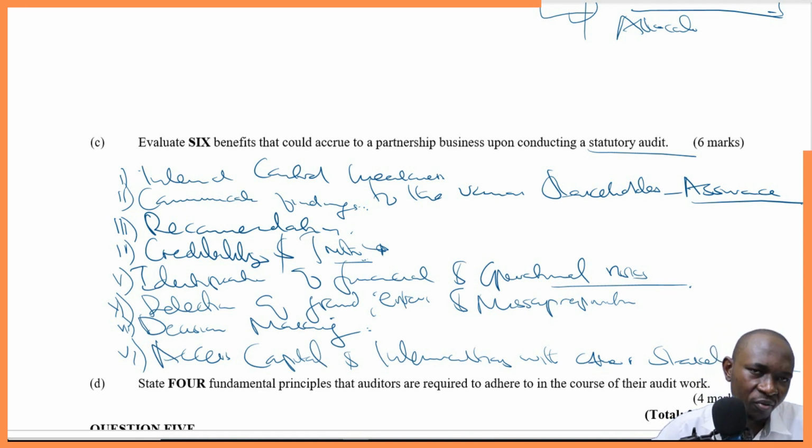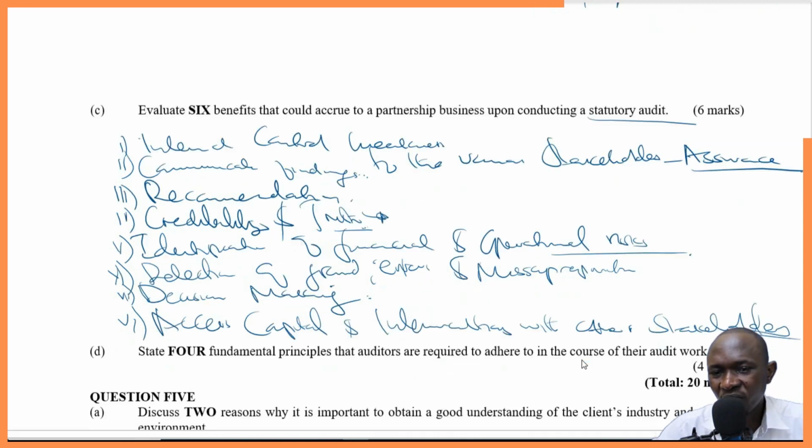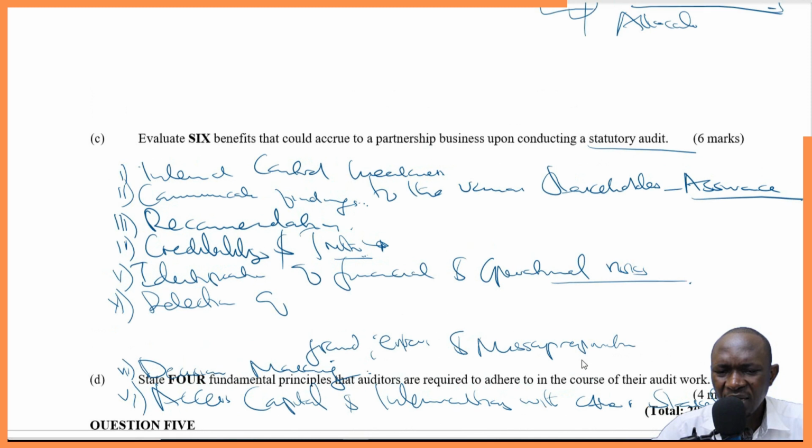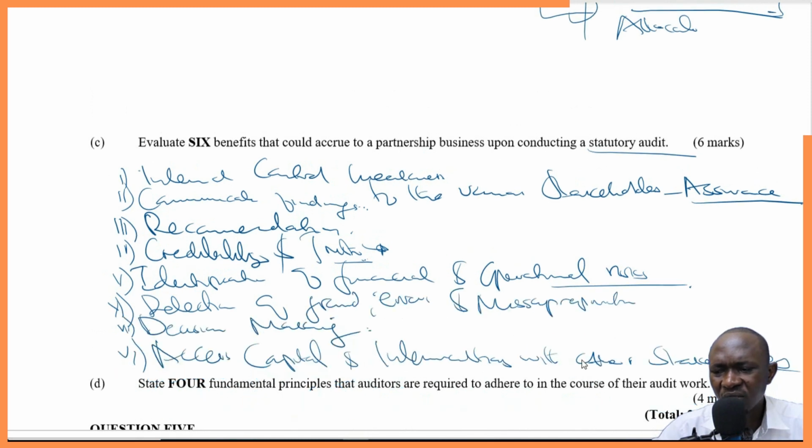It's just a matter of providing the same, and then it enhances the relationship between you and the other stakeholder who wants that information, in most cases for loan purposes or to do business, because even most of these customers will ask for audited books before they give you business, and this will now come in as some of the benefits to the partners, because they just issue that statutory audit book, and then they get the business.